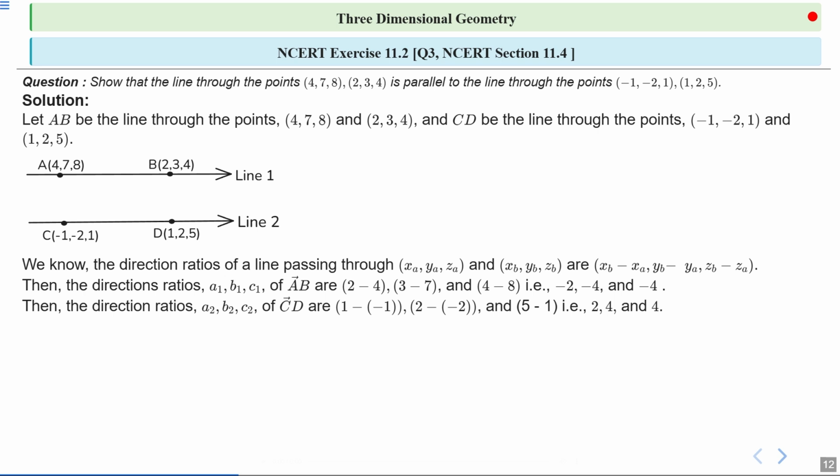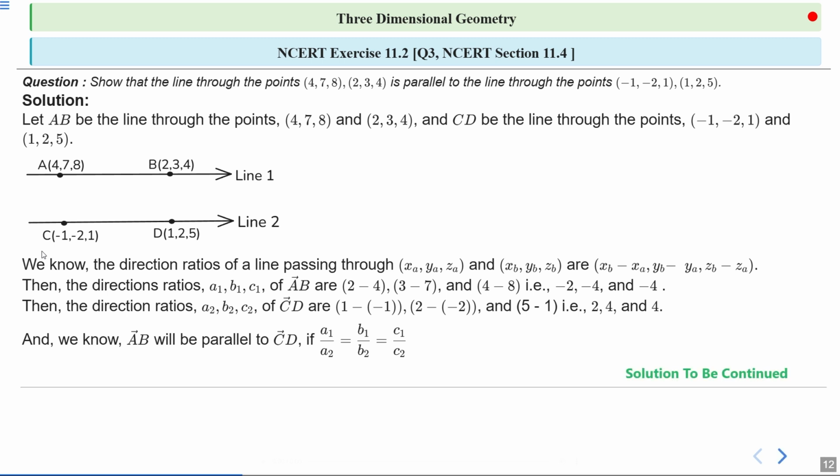That is 2, 4 and 4. Now let's recall the condition for two lines to be parallel. Two lines are parallel if the ratios of the direction ratios are equal. In other words, A1 divided by A2 equals B1 divided by B2 equals C1 divided by C2.